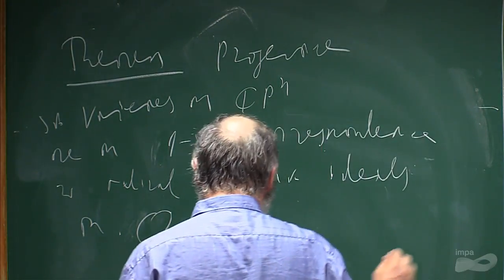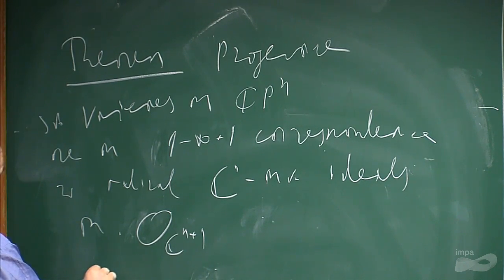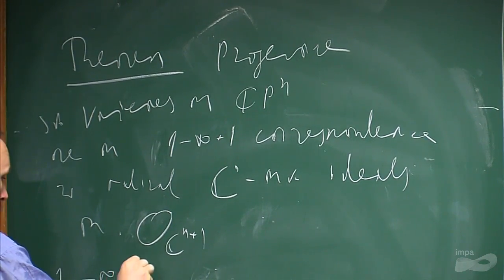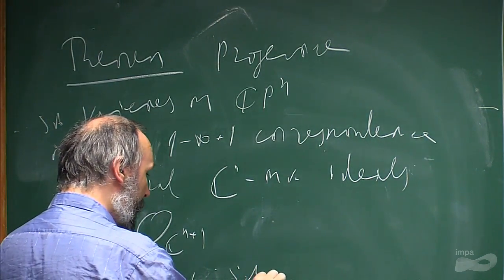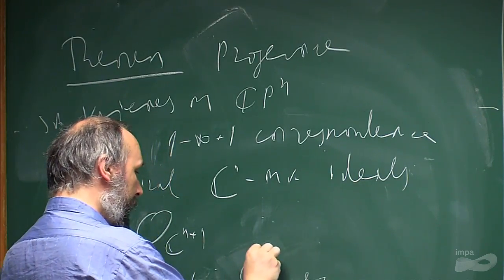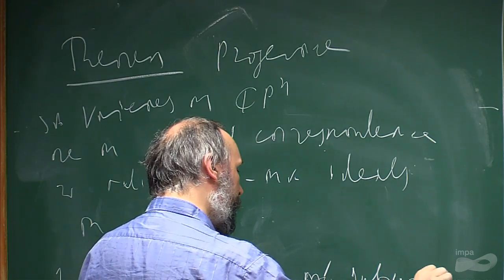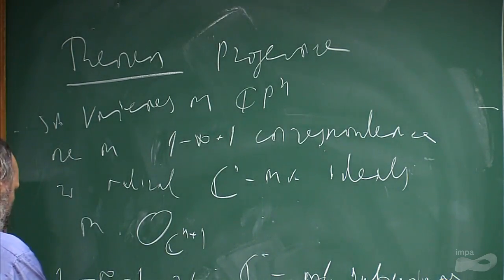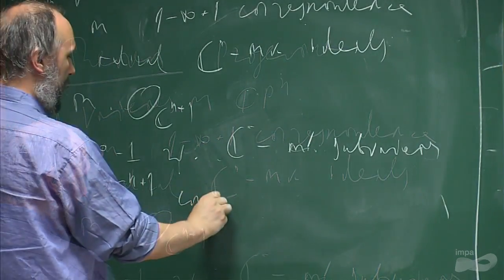So the idea is that, in fact, there is a third term which corresponds to that, in one-to-one correspondence with C-star invariant subvarieties in C^(n+1) containing 0.